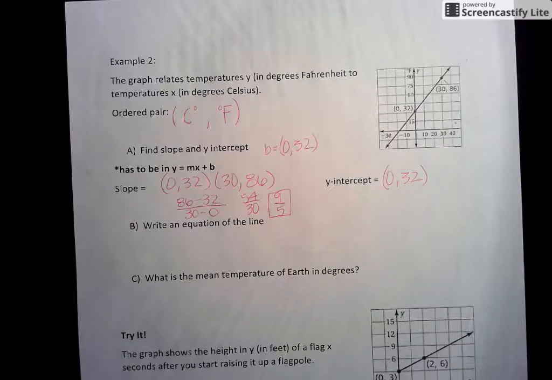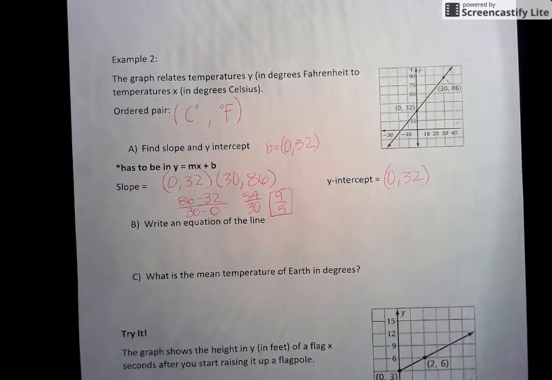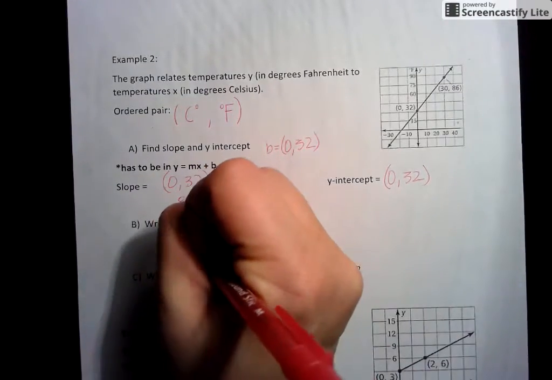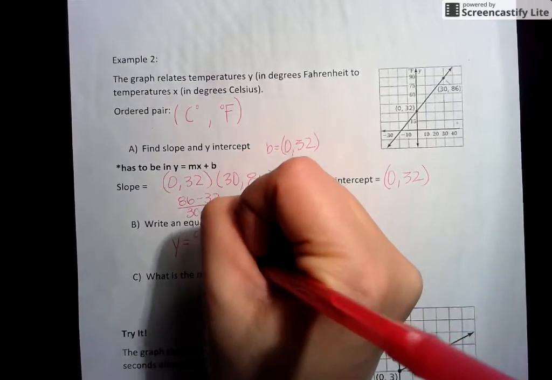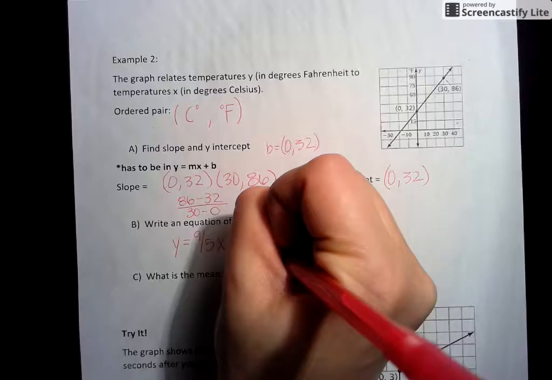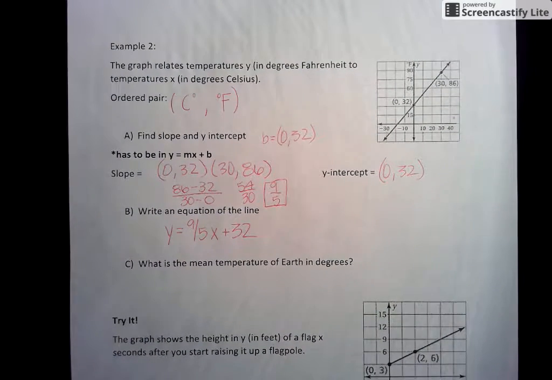So it says now write an equation of the line. Well, we know that the slope is 9/5 and the y-intercept is 0, 32, so we would write it as y equals 9/5x plus 32.